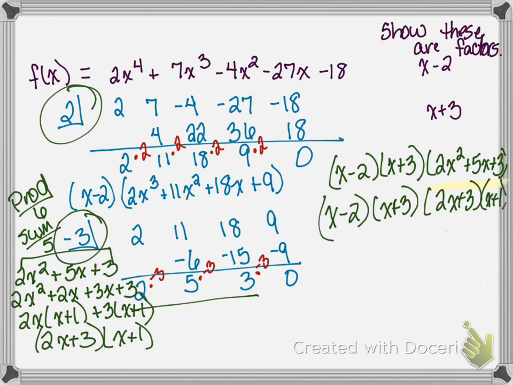Those are my factors. So my solutions, negative 3 over 2, those are my solutions. So you've got to understand the relationship between factors and solutions. To get a solution, you set a factor equal to 0.